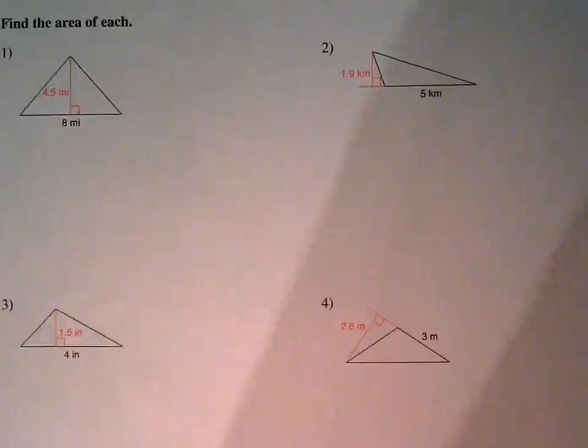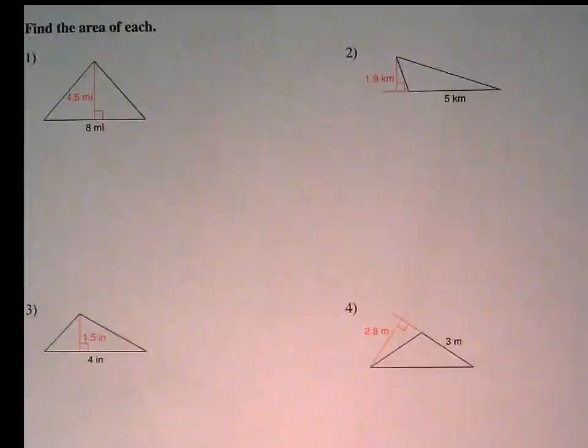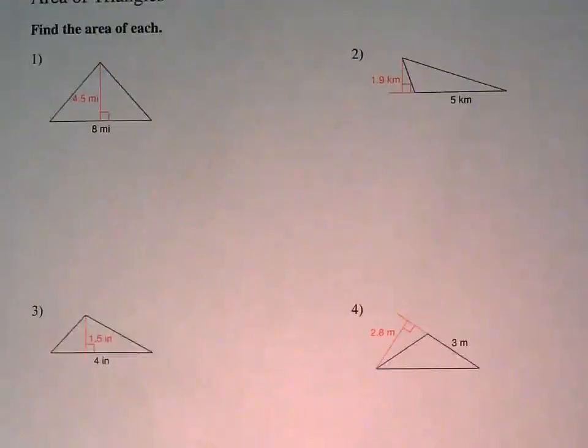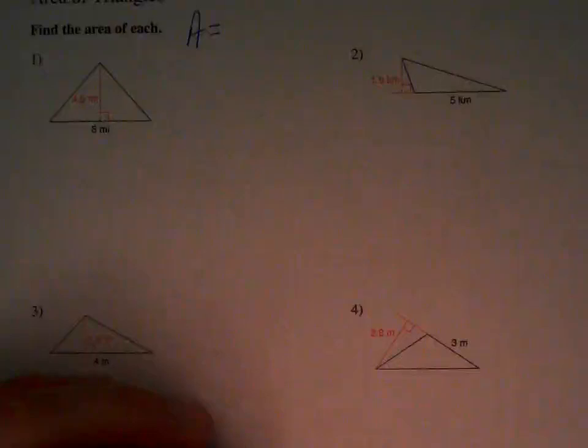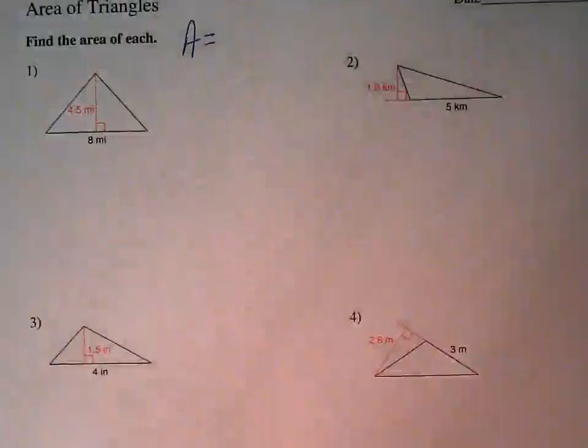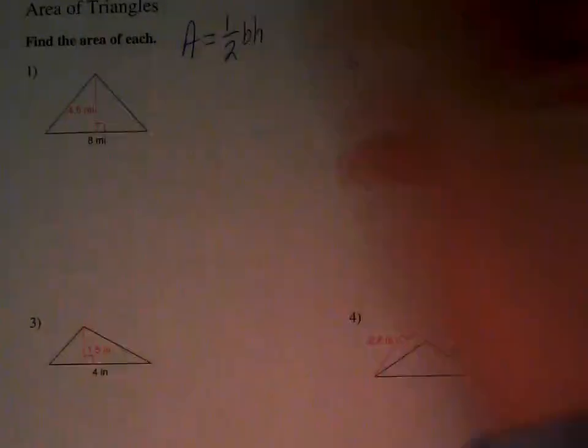So we're going to take a look at just a couple of these problems I want to show you, and then hopefully that'll give you guys the opportunity to do some practice as well. So let me move some of this stuff around. Like we said before, area of a triangle is area equals 1/2 base times height.